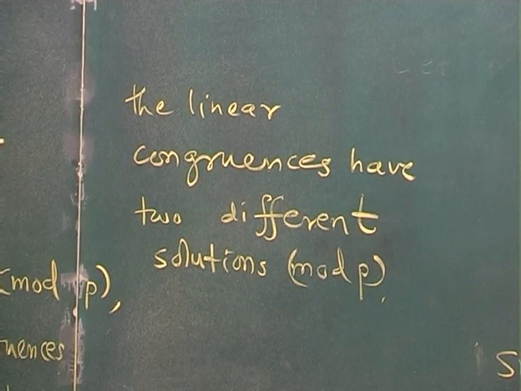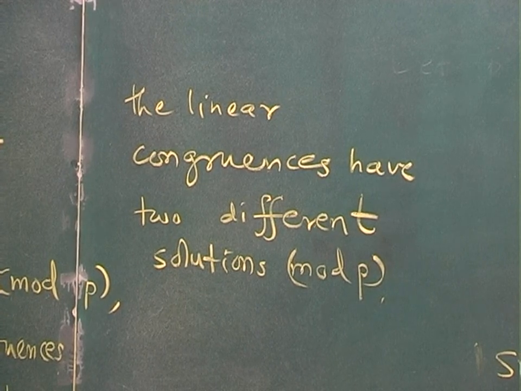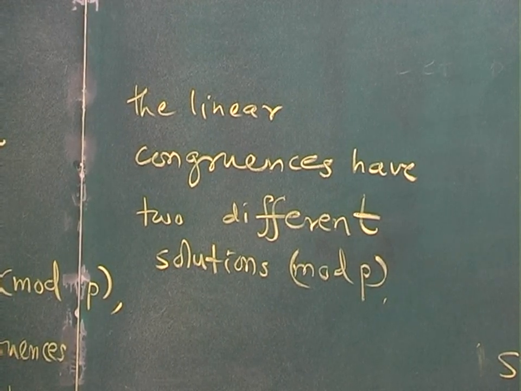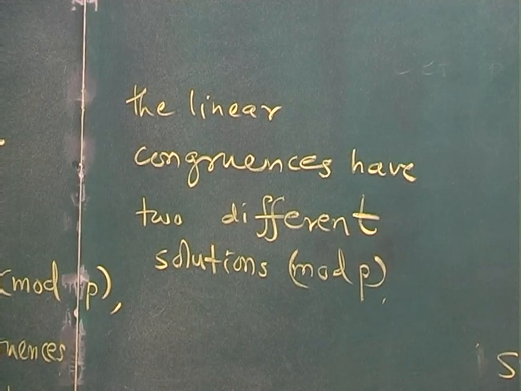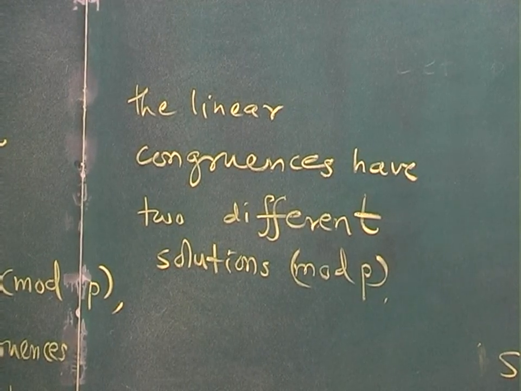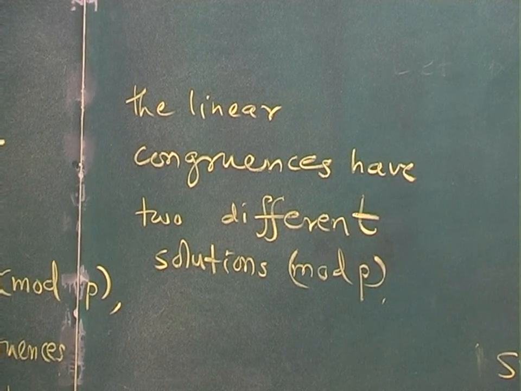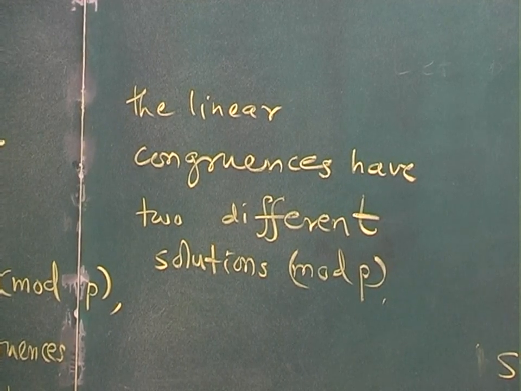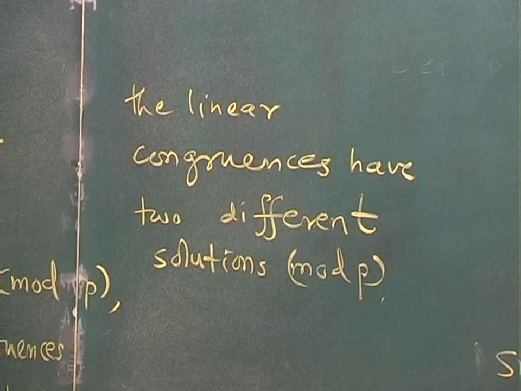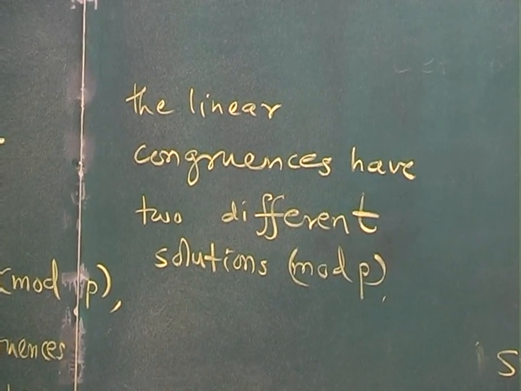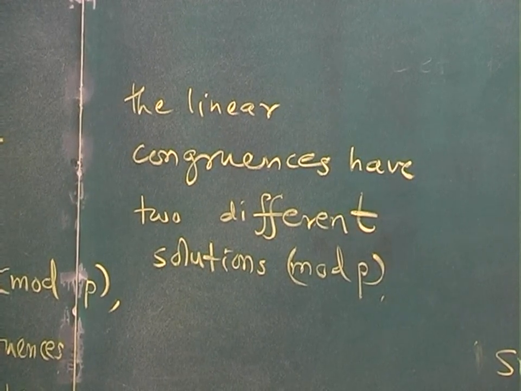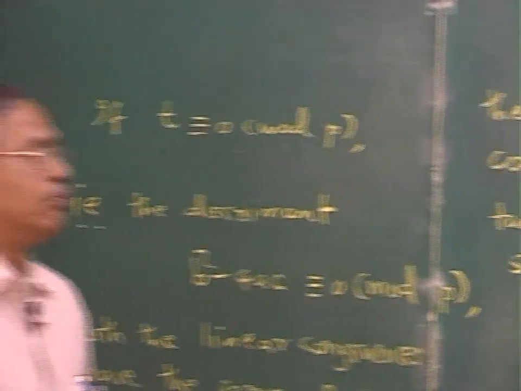If it is a square, then it can be 0 mod p, and then there is only one solution to the quadratic congruence. And if the discriminant is not congruent to 0 mod p and it is a square of some integer mod p, then the congruence has two different solutions mod p.